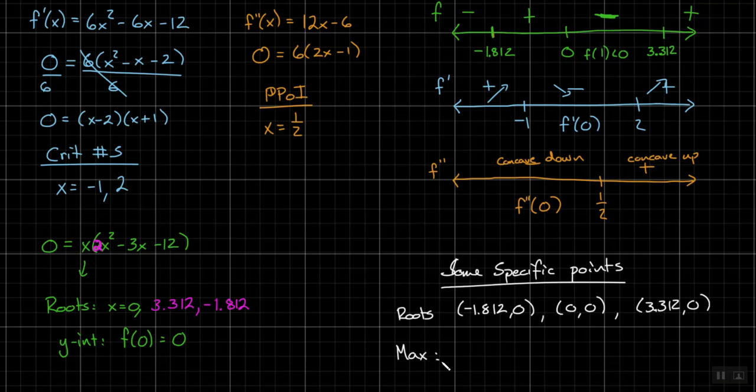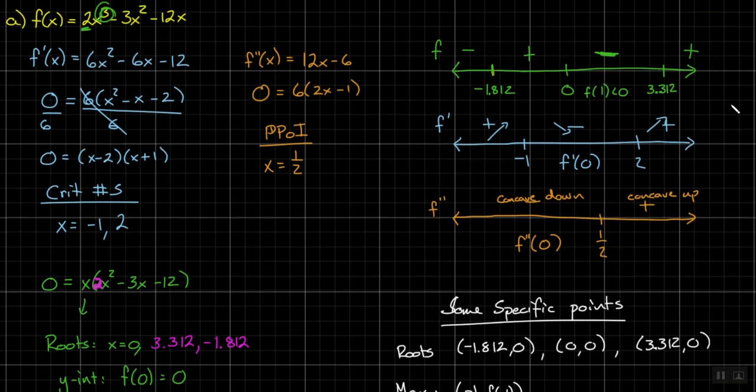Where do I have a maximum? It's at which x value? -1. And then I'm going to write this uglier than you might now. I'm going to say it's at (-1, f of -1). Now, this is doable. It's not awful. F of x, I'm going to have to scroll up so I can see it. Oh, it's right here. What's f of -1 going to give me?